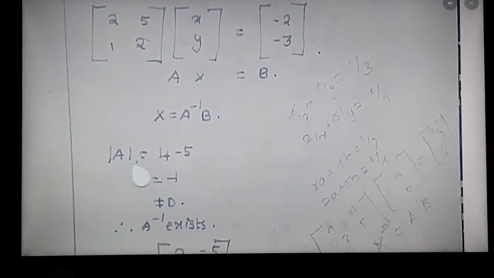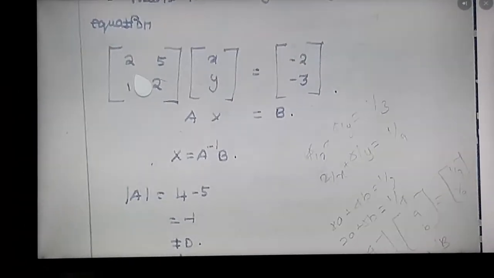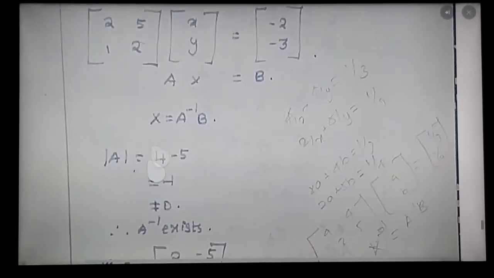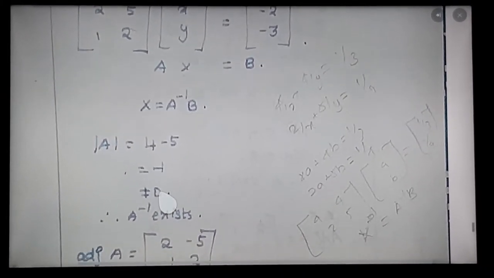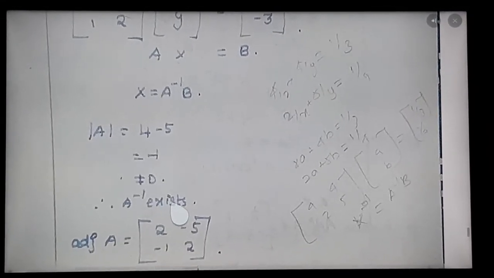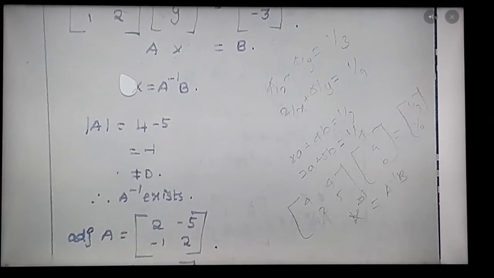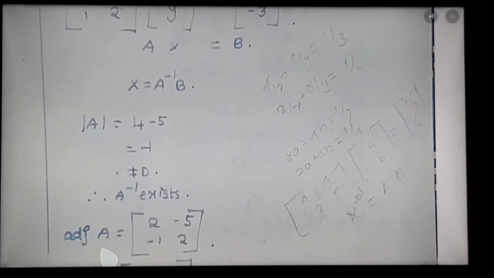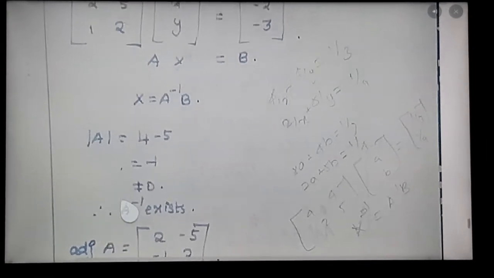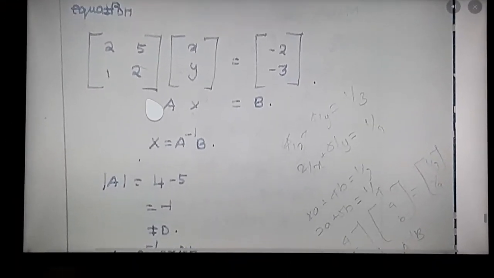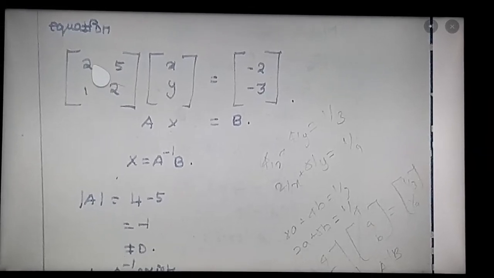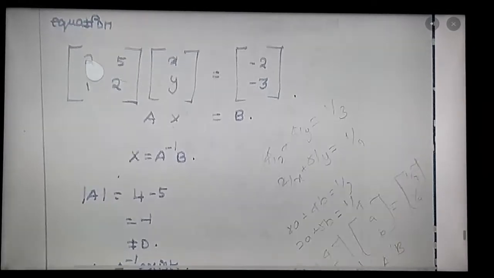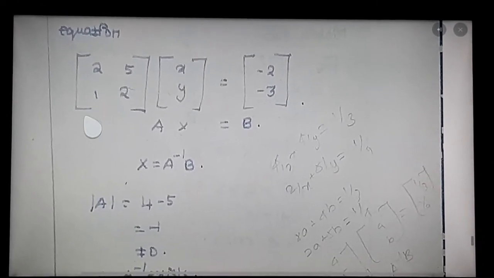Therefore, modulus of A is 2 twos are 4 minus 5. That is a 2 cross 2 matrix, so it is easy. 4 minus 5 is minus 1, which is not equal to 0. Therefore, A inverse exists and A is a non-singular matrix. Before finding A inverse, we need adjoint A. For a 2 cross 2 matrix we have a shortcut method: interchange the diagonal elements, here both are 2, and change the sign of the other two, minus 5, minus 1.